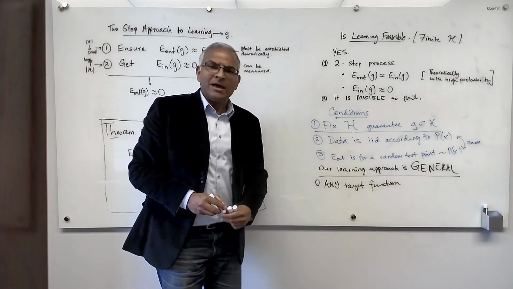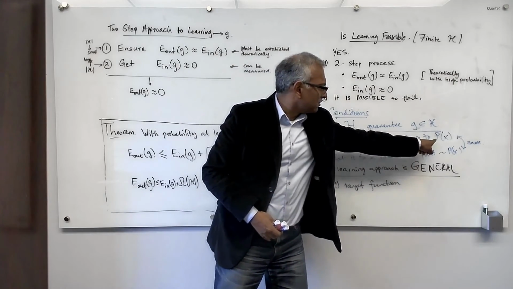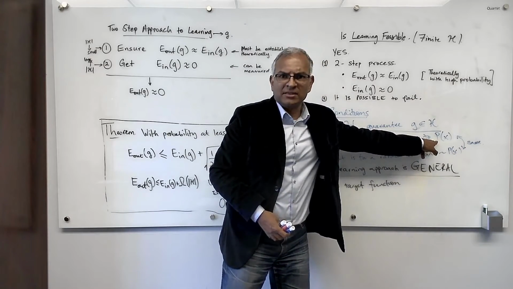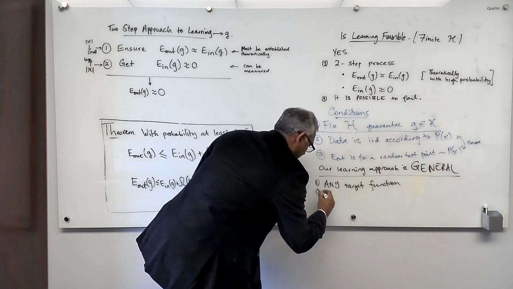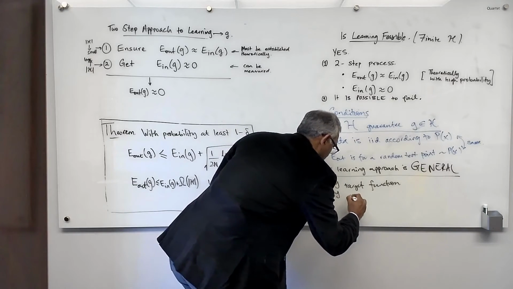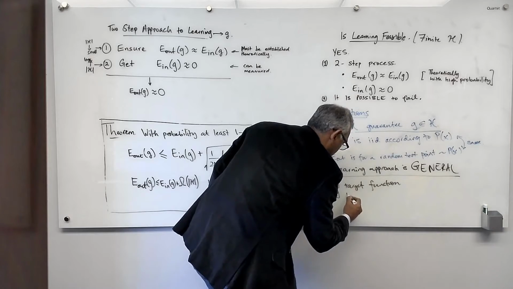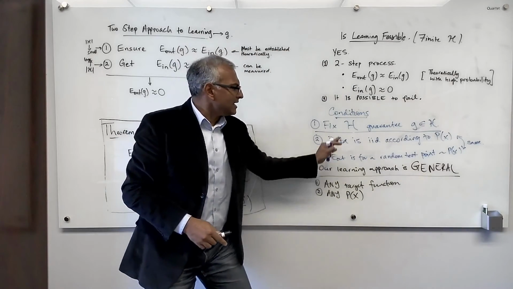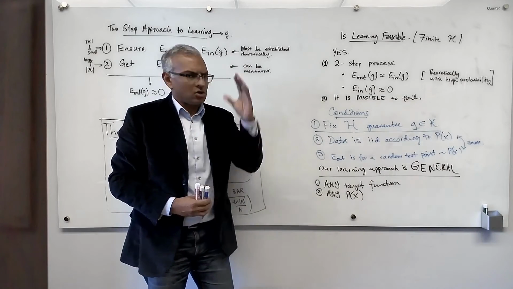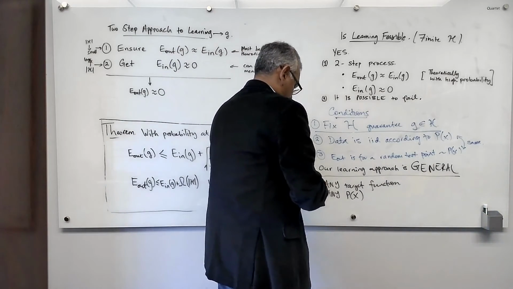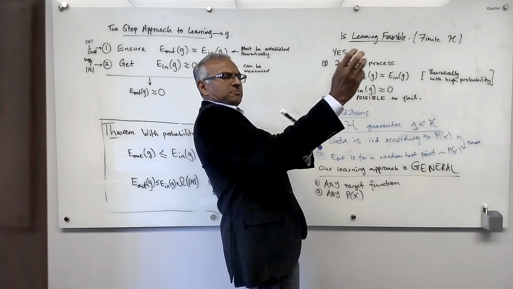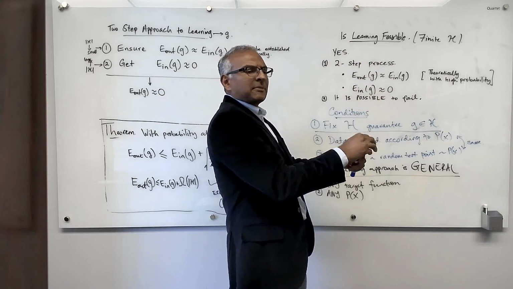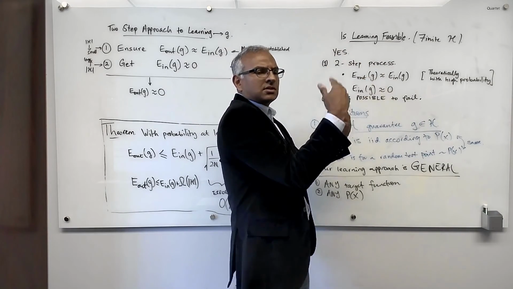It applies to any random process that's generating the data, any P of X. It applies to any hypothesis set as long as it's fixed ahead of time. I don't care. Is it perceptron? As long as it's finite, but I don't care. Is it perceptron, neural network, or whatever.